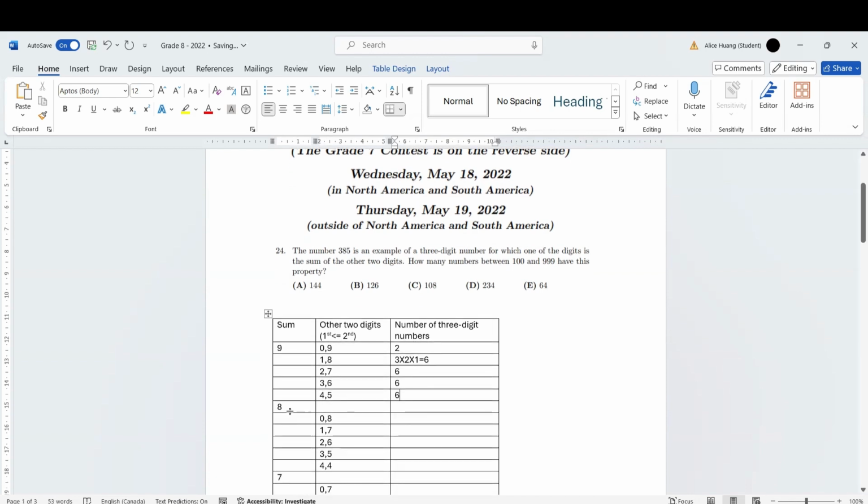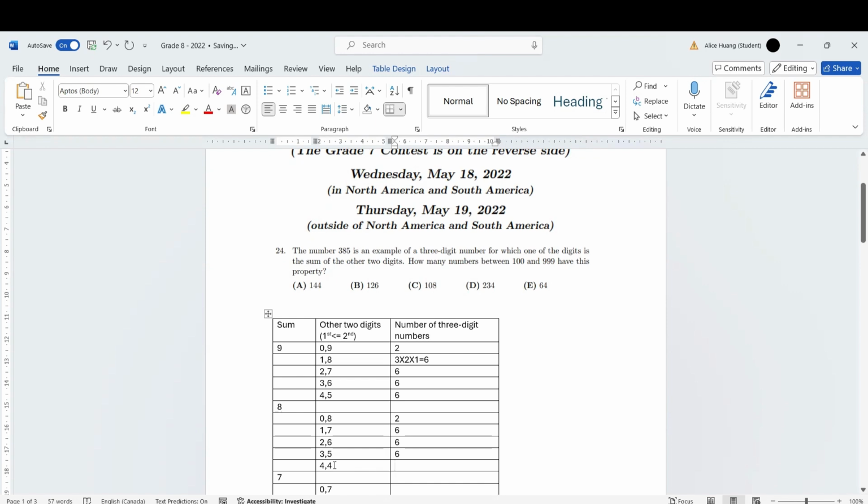Now we move on to the combinations with the sum of 8. Similar to the combination of 909, this one is 808. Again, the first digit cannot be 0, so we only have two numbers with this combination. For all the others, we have 6. Now look at this one, 8 and 4 and 4.